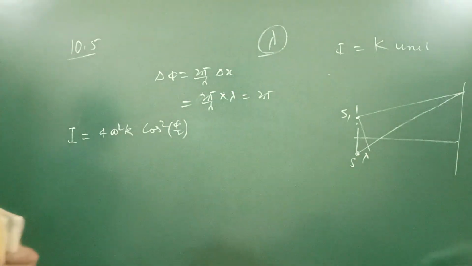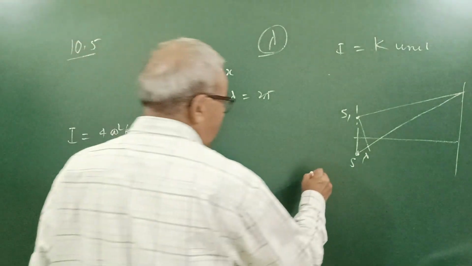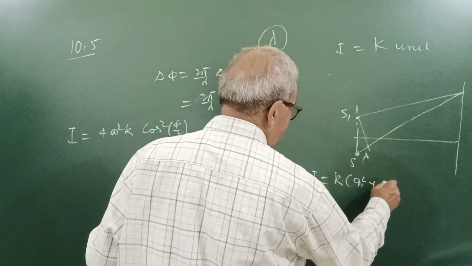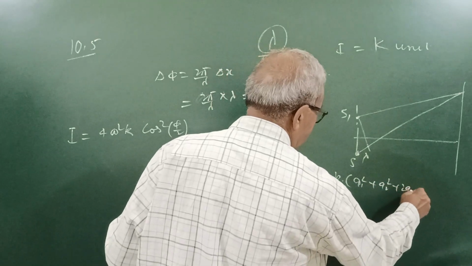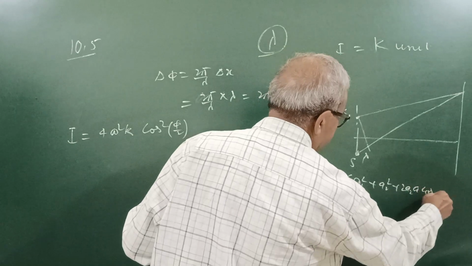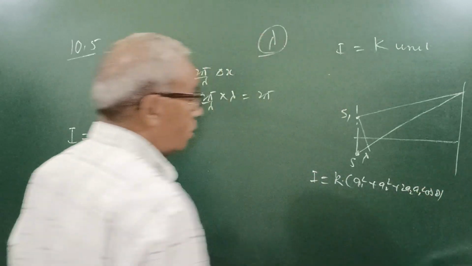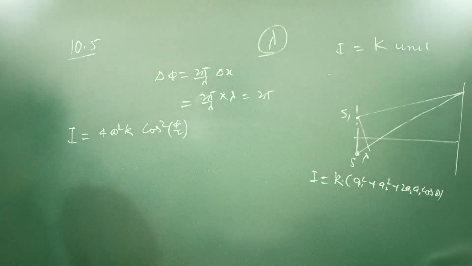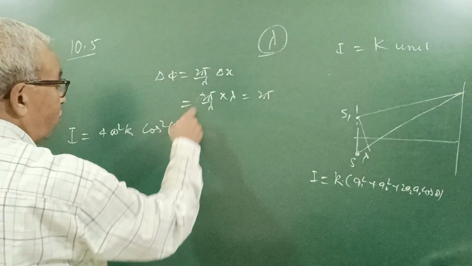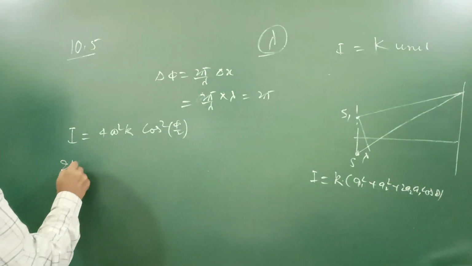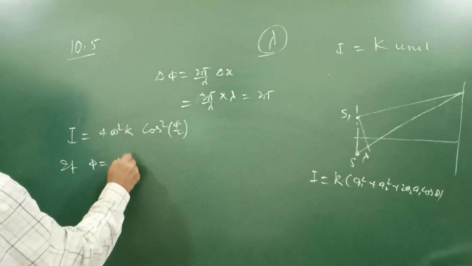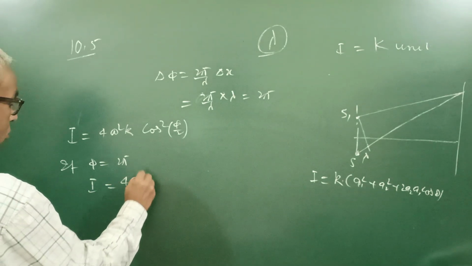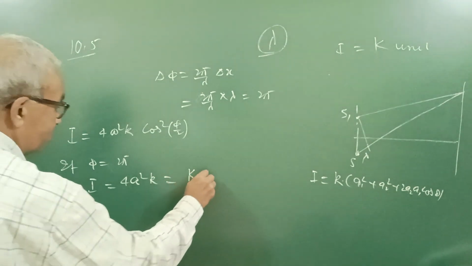In case a1 and a2 are equal, I equals K into a1 square plus a2 square plus 2a1a2 cos phi. If a1 and a2 are equal, we get this equation, which I have derived many times. If phi equals 2 pi, then I equals 4a square into k, which we directly called K.